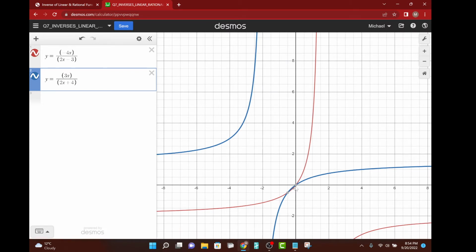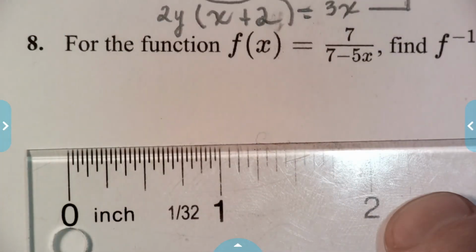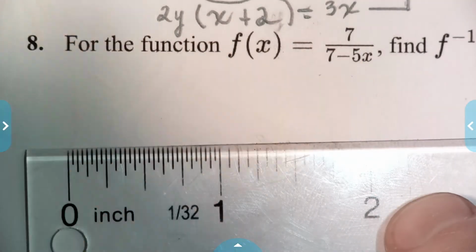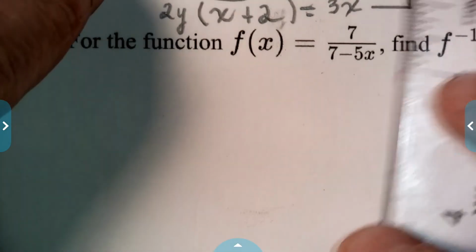And let me get set up back to the problem set. Okay, here we are with number 8. So f of x equals 7 over 7 minus 5x. All right, so step 1 is to draw this line.